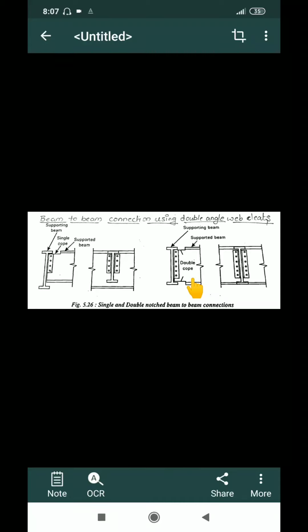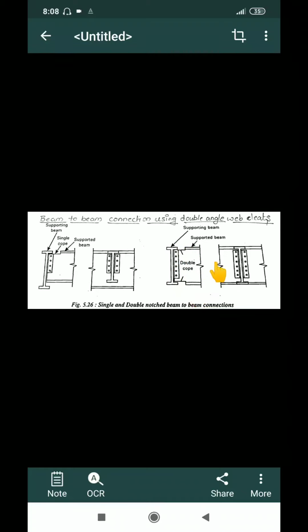Second one is where I am providing a double cope or a double angle web cleat. So here, suppose a joist and a girder both are of the same dimensions, that is, both depths are of the same dimension, then I can provide a cope on this side also, a cope on this side also, and both flanges will be at the same level.